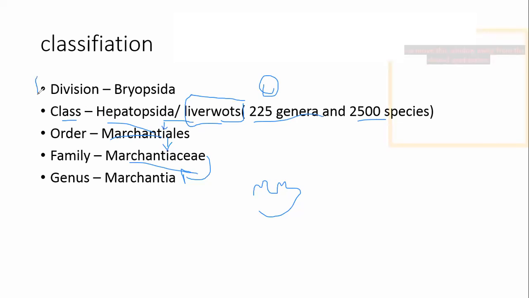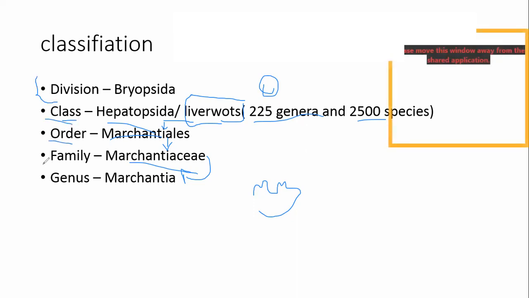So, Marchantia comes under the division Bryophyta, class Hepaticopsida, order Marchantiales, family Marchantiaceae. In Marchantia, as I told you, there are around 65 species. Okay, so this is about the classification.